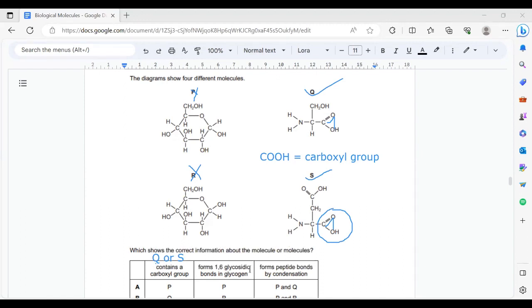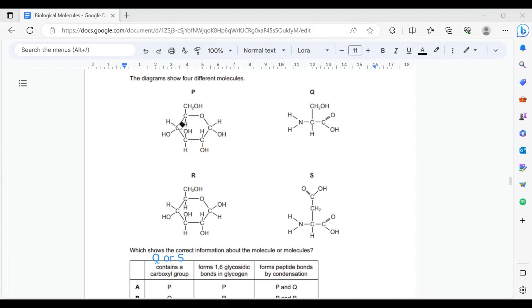So forms 1,6 glycosidic bonds in glycogen. Among starch, glycogen, and cellulose, starch and glycogen are both polymers of alpha glucose, and only cellulose is a polymer of beta glucose. So if glycogen is mentioned, it will be alpha glucose.